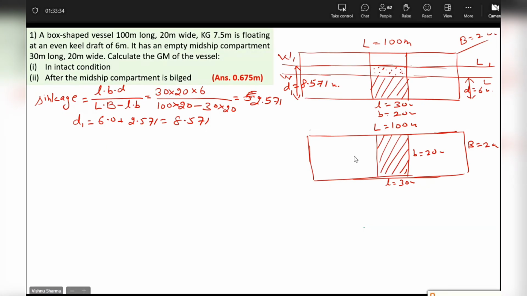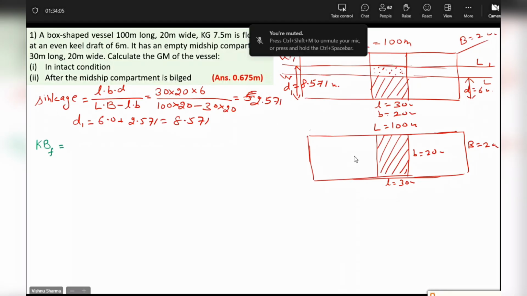Now, let me calculate by moments. I'll tell you the shortcut. In this case, it is not required to be calculated, but I'll still calculate. KB in the bilged condition, KB final. Vertical moment of underwater volume up to W1 L1, and then I look at the upper diagram to figure out what is the underwater volume up to W1 L1. That is LBD1.